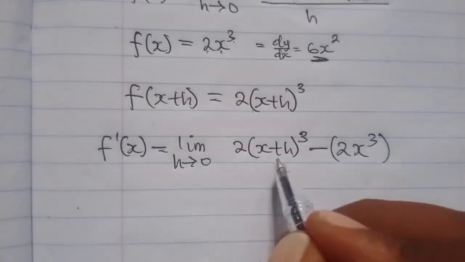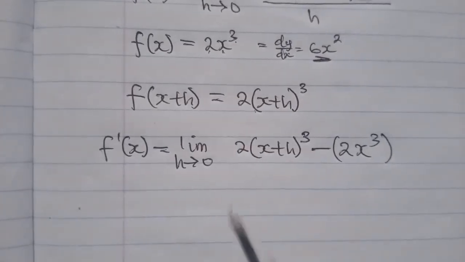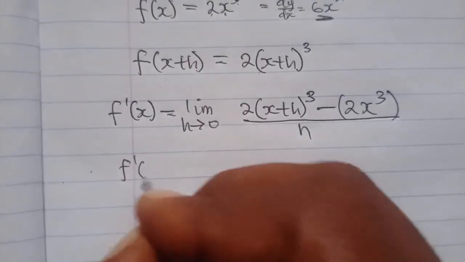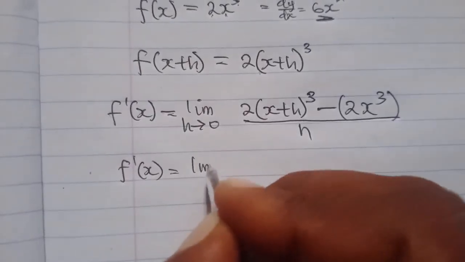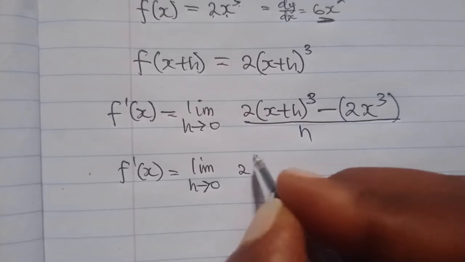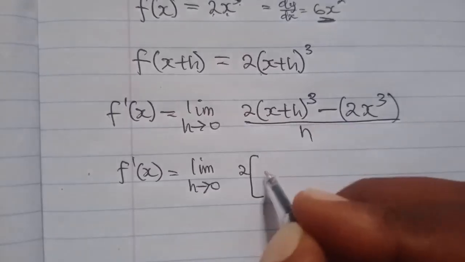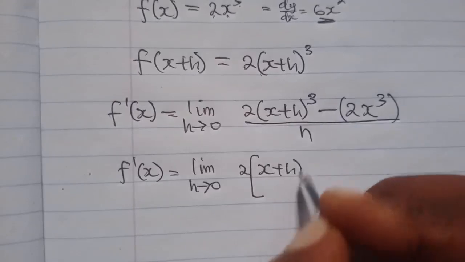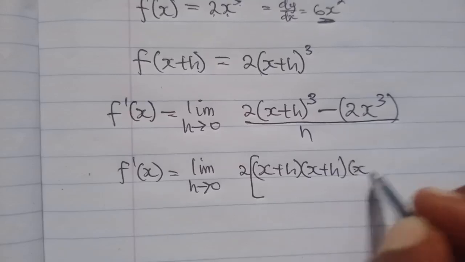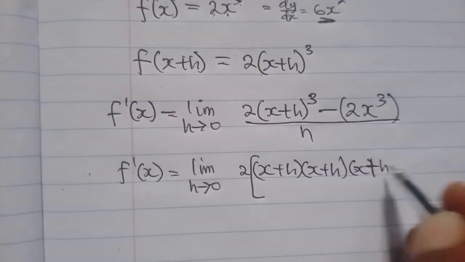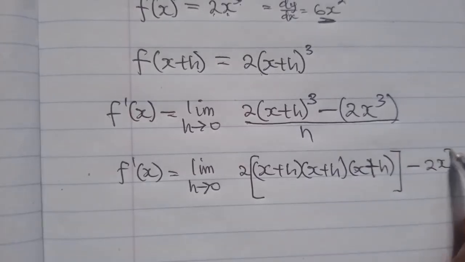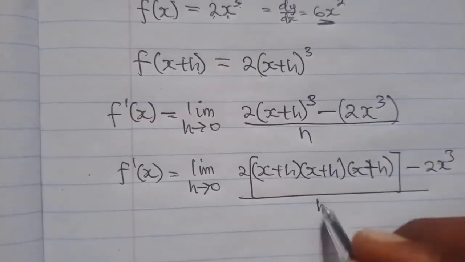Now, if we open this up, f prime of x is the limit as h tends to 0. We will have 2 into, this is the same thing as having x plus h times x plus h times x plus h, then minus 2x cubed, all over h.